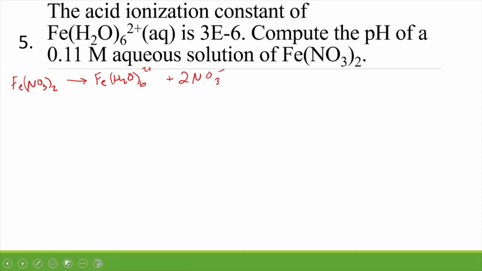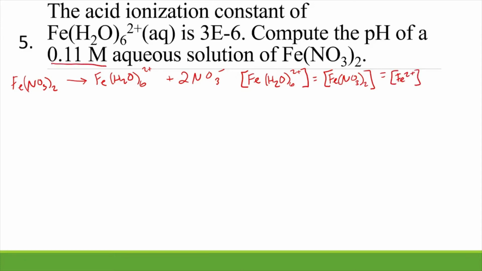So using stoichiometry here, we can see that the concentration of the iron water hydrate is the same as the concentration of the iron nitrate. And that'll also be equal to the concentration of iron 2 plus. So just writing down some things we know, and then we were told this concentration is 0.11 molar.